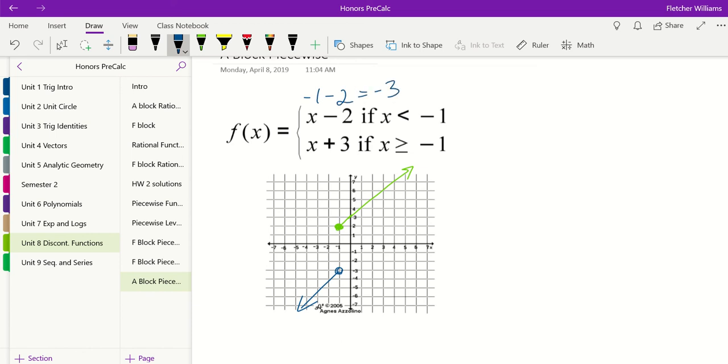That tells me the point -1, -3 is down there, so that piece starts there and has a slope of 1. And if you plug in -1 to the other part, -1 plus 3, you get 2. That corresponds to that point right there, and then you form the rest of the line with slope 1 going up. That's the whole idea.